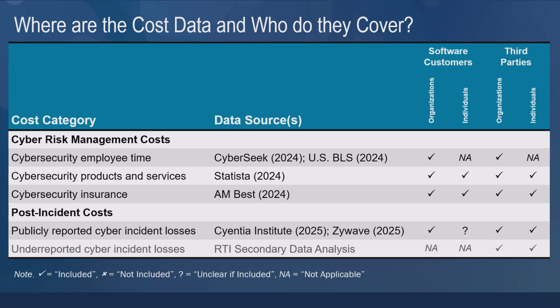Okay, cost data. Where are they? Who do they cover? So key components of these risk management costs are cybersecurity employee time, paying to have cybersecurity workers do safeguards and response. Here we're focusing on the safeguards part, not the response. These come from BLS, and CyberSeek is actually a tool that is supported by NIST, and it gets at cybersecurity employment by looking at job descriptions.